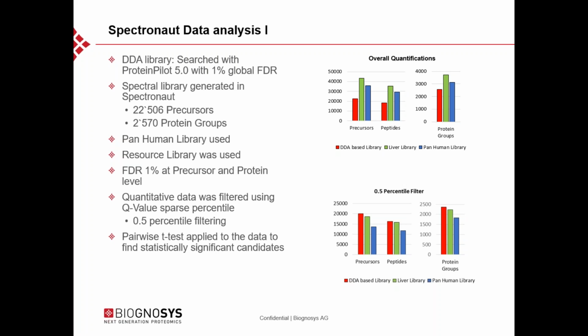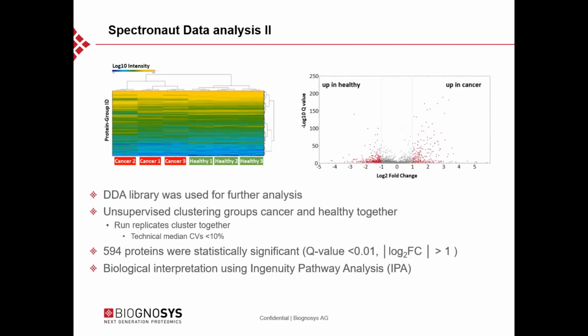We then also performed all the automated statistical tests that Spectronaut is doing. So we did a pairwise t-test to find statistically significant candidates. On top of that, we also did unsupervised clustering using now the DDA library only for further analysis.